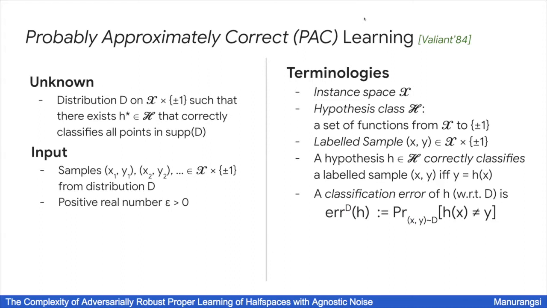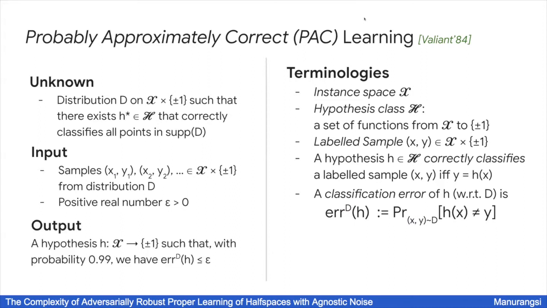Note here that h star has classification error 0 from our assumption that it correctly classifies all points in the support of D. We will not be able to get the classification error to be 0, but our goal is to get the classification error of our output hypothesis h to be at most epsilon, the accuracy parameter. And this we want to happen with high probability, let's say 0.99, for example.